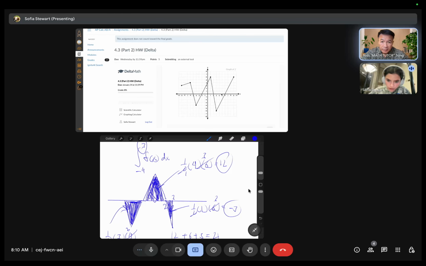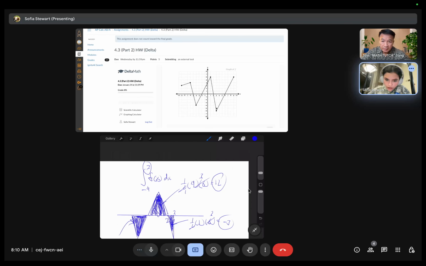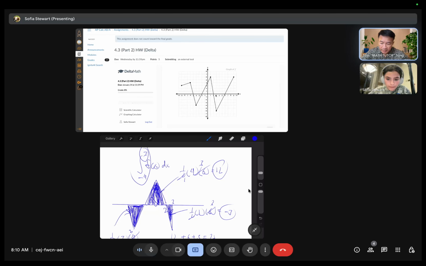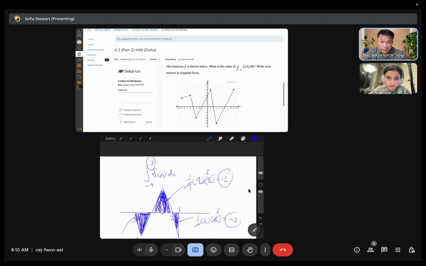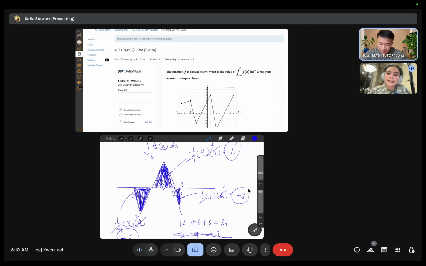Look at the notation carefully. Look at the integral notation. You're supposed to do from 3 to -4. So I made a mistake here. The 4 is cut off right here. So I should not include that part right there. So it's a mistake there.